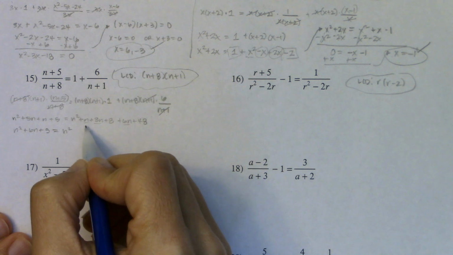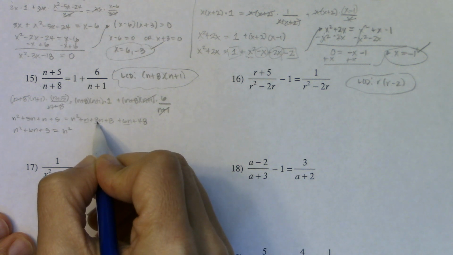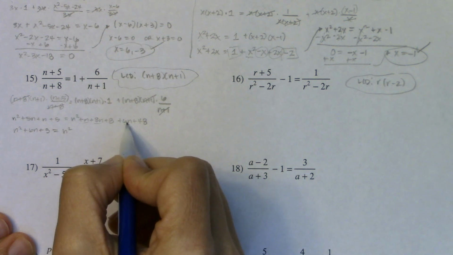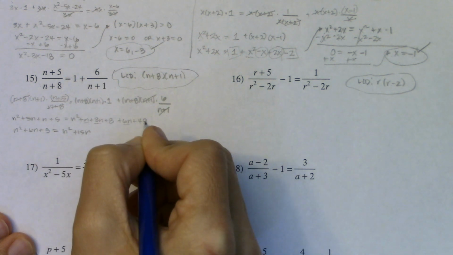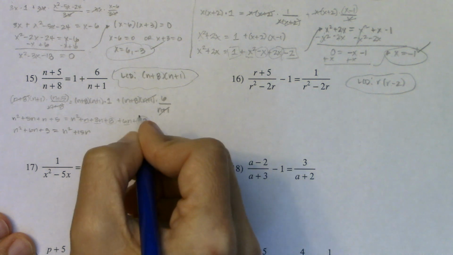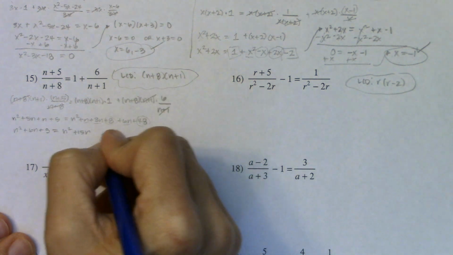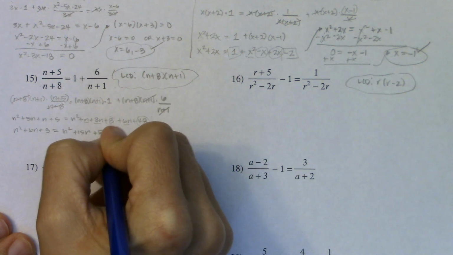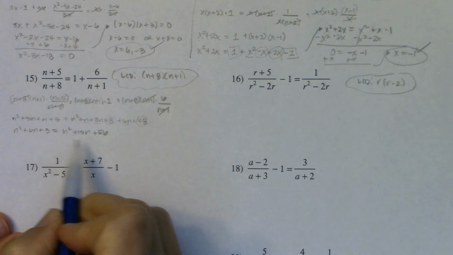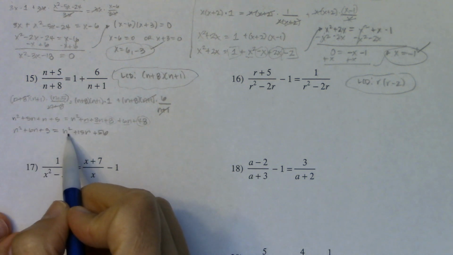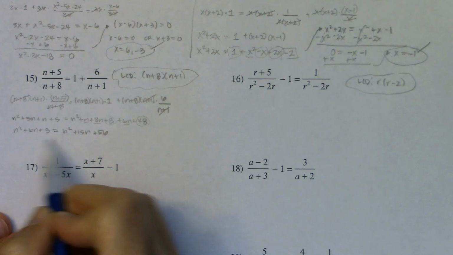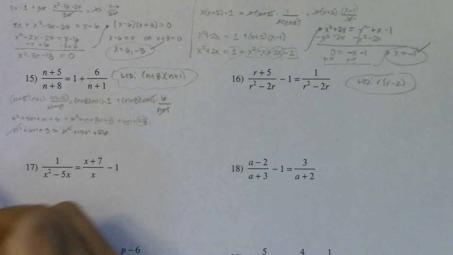So n plus 8n is 9n, and 9n and 6n is going to be 15n. And then 8 and 48, those are my constants, and they combine to give me 56. So I've got a quadratic on the left and a quadratic on the right. And maybe you can see, since I have an n squared here and an n squared here, if I were to subtract n squared, these cancel essentially.